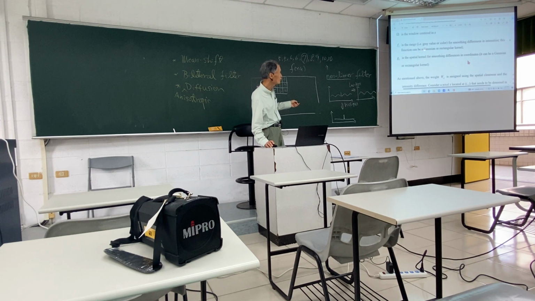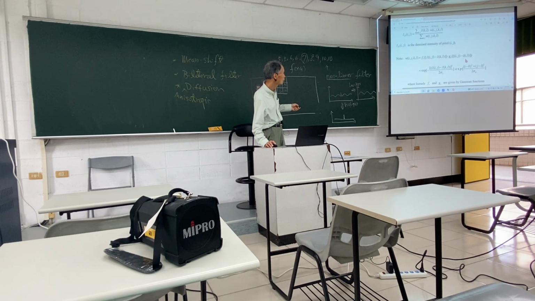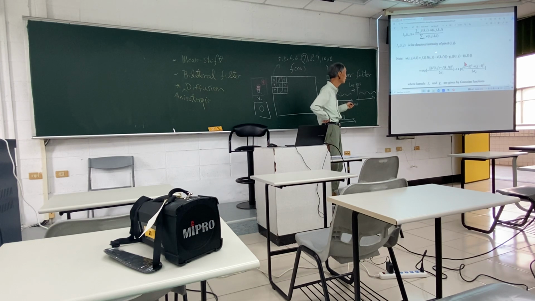Then what are f and g in the bilateral filtering? It can be a Gaussian or it can be a rectangular kernel. Let's talk about the Gaussian because we use this a lot. A Gaussian kernel is like, I put a note here. Here is the Gaussian kernel, right?